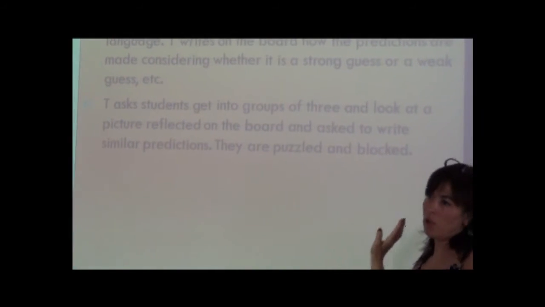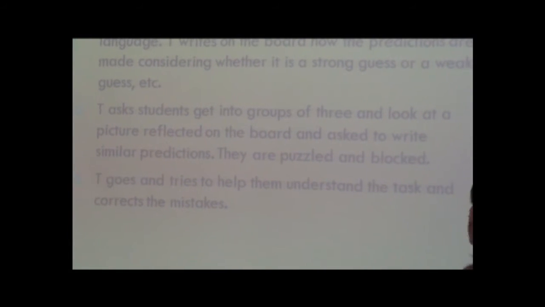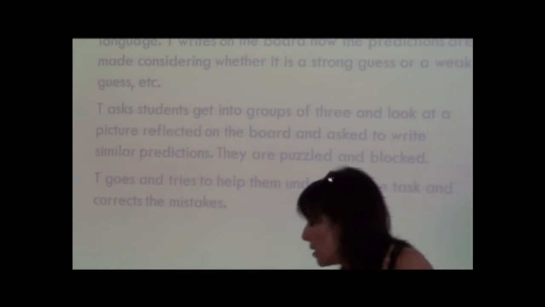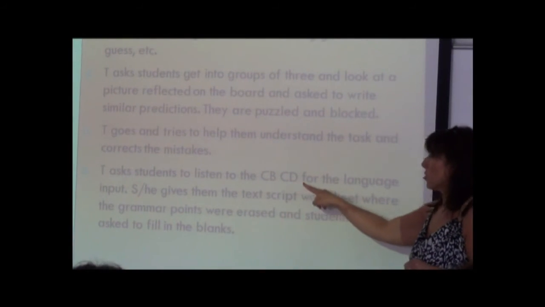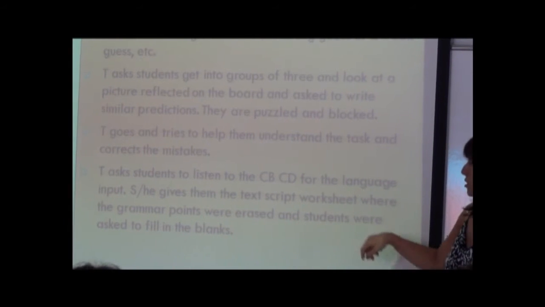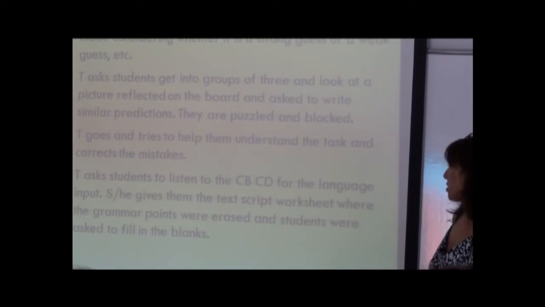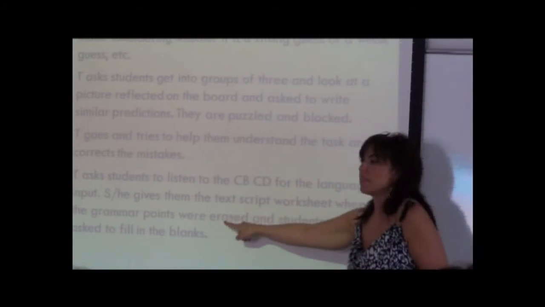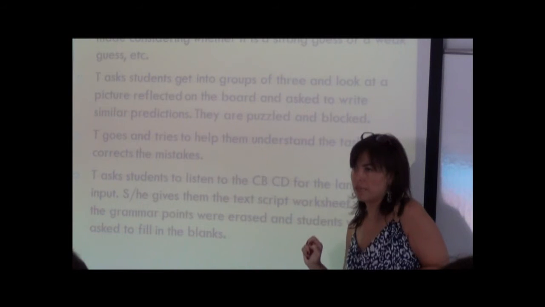They are puzzled and blocked. The teacher goes and tries to help them understand the task and correct the mistakes. And finally, the teacher asks students to listen to the course book CD for the language input. He or she gives them the text script worksheet where the grammar points were erased and students were asked to fill in the blanks.